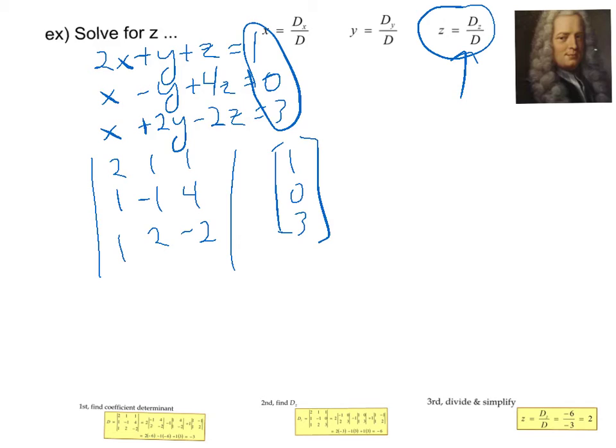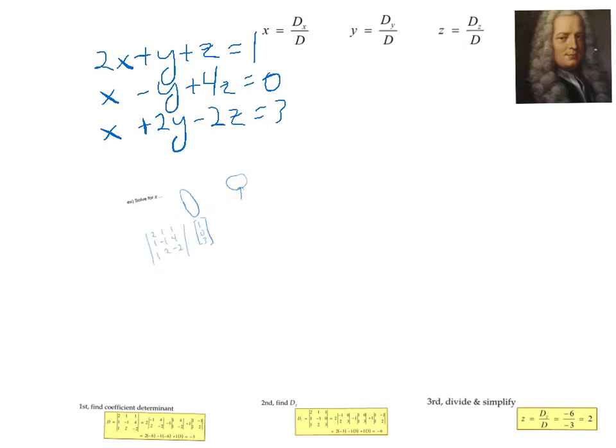Now, I mentioned this earlier, but it's very important. Don't forget, you have to have it set up in this fashion. If these are not aligned, first do that. You must have your x's in one column, your y's, your z's, and your answers, all in those specific columns. Then continue. Let me make this smaller.